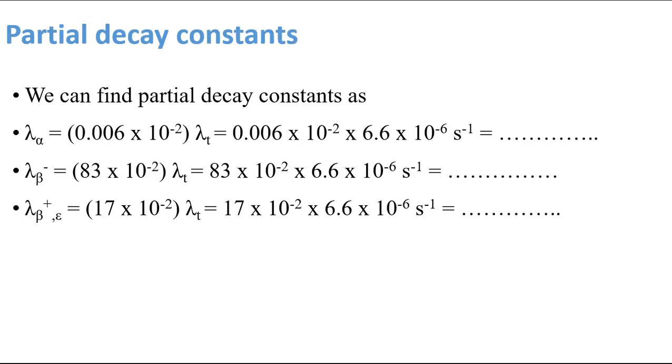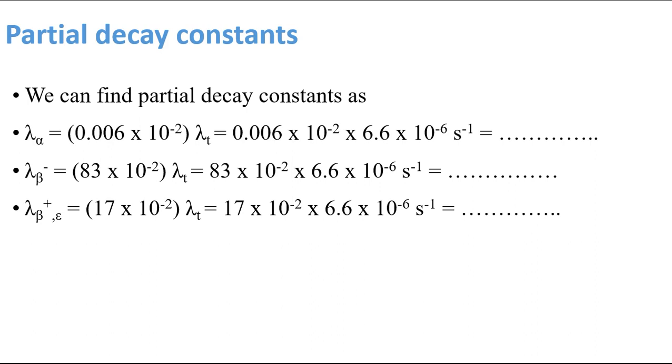We can find the partial decay constants for this sample very easily just by multiplying the total decay constant with the probability of occurrence.